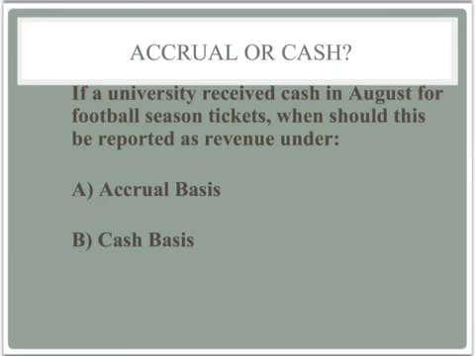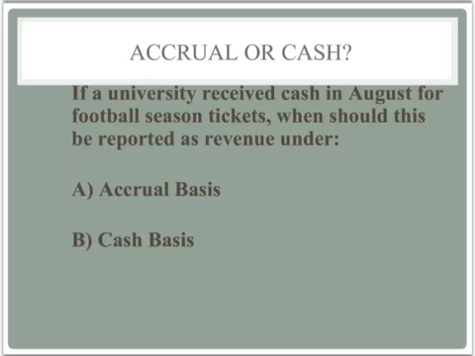Cash or accrual. Let's look again. This is a little trickier. If a university received cash in August for football season tickets, when should this be reported as revenue under the accrual basis and cash basis? Let's look at accrual basis. When would you report the money received for season football tickets?